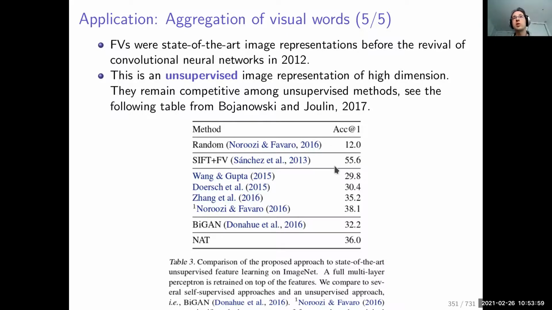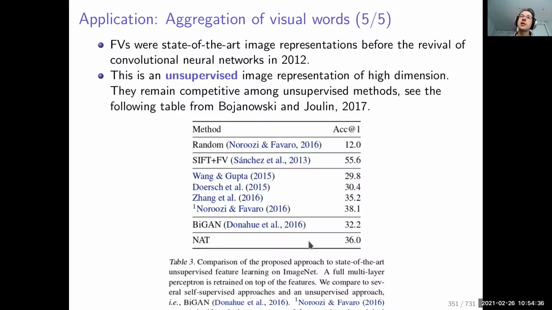Because when you look at the ImageNet challenge, this is here an accuracy measure. The original model was achieving something like 55% accuracy, and at least, let's say, 3 or 4 years ago, or even 2 years ago, the state of the art for deep neural networks with unsupervised representations was plateauing at 40%. Now this has changed, but this is not the topic of this class. This has changed with methods called self-supervised methods that are achieving more than 70%.